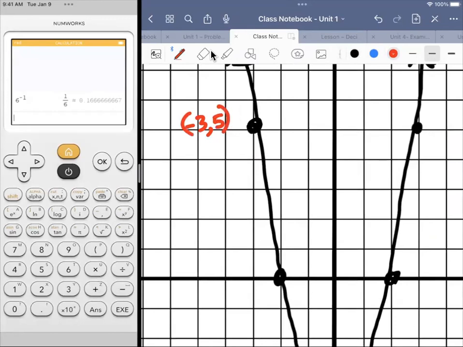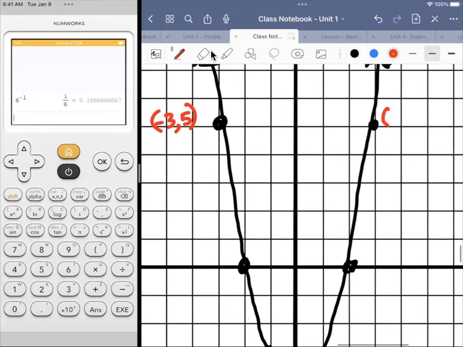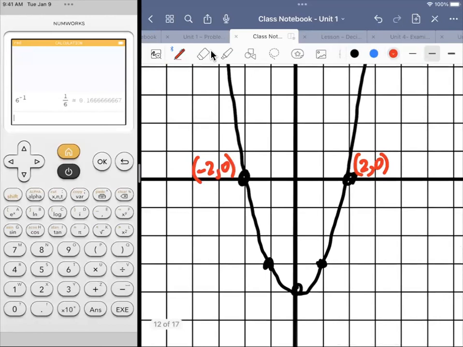This one here is (3, 5). We have (2, 0), (-2, 0), (1, -3), (-1, -3), and the vertex is (0, -4).